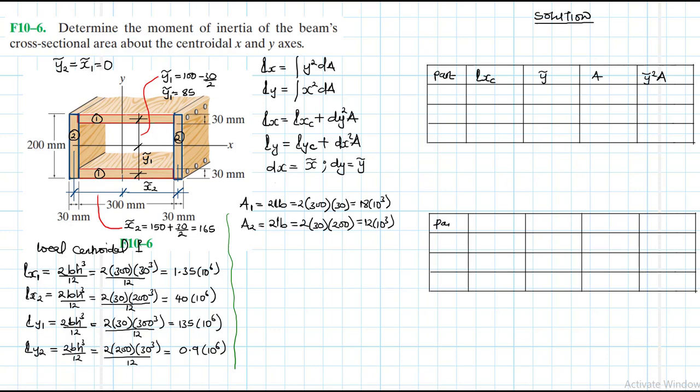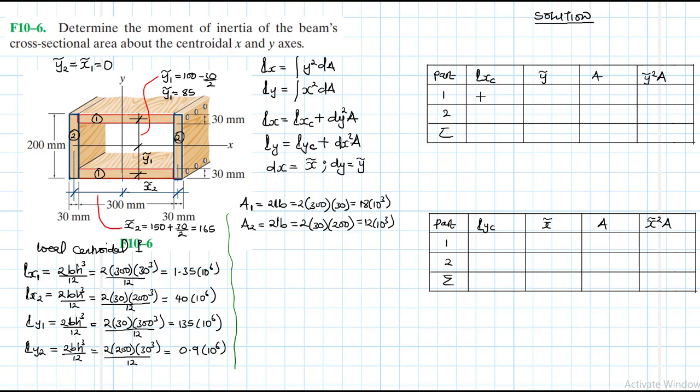Then down there we have part, x centroidal, x curled area, and then x curled square times area. So 1, 2, summation, 1, 2, summation.